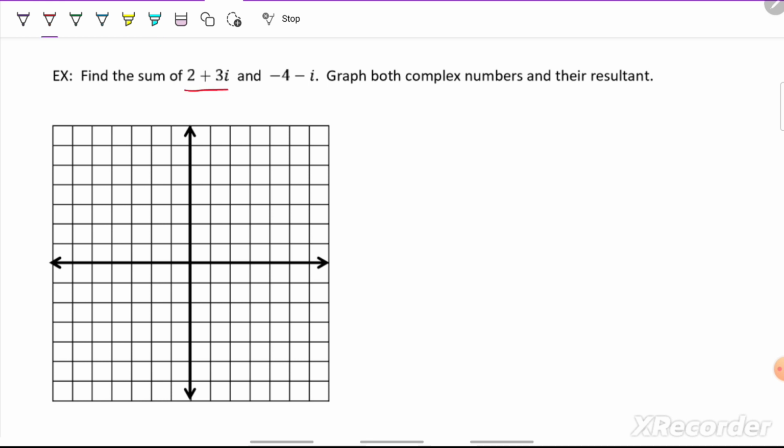So starting with 2 plus 3i, we start from the origin. I'm going to go 2 in the real direction and then 3 in the positive imaginary direction. So I'm going to go to the right 2, up 3. There's my first complex number.